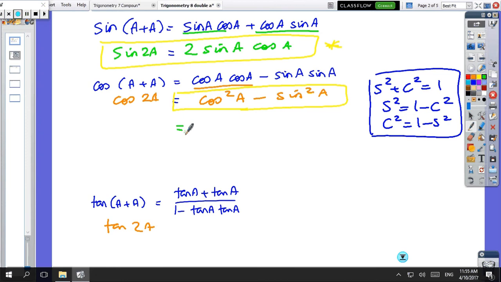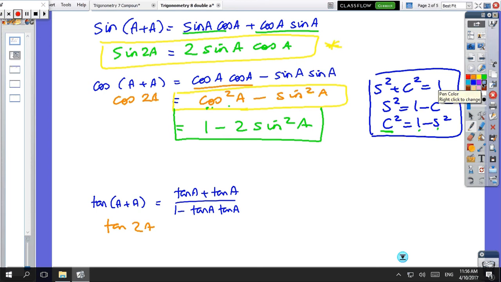So if I replace cos squared by 1 minus sine squared, I end up with 1 minus sine squared minus sine squared, which is the same as 1 minus 2 sine squared. So that's the second formula. And the last one, instead of having sine squared, I replace it with 1 minus cos squared.